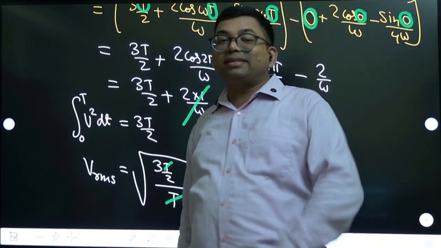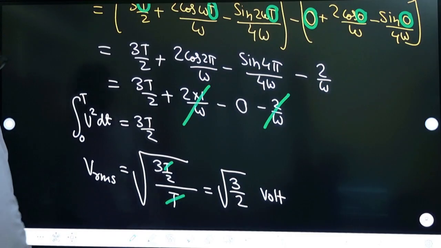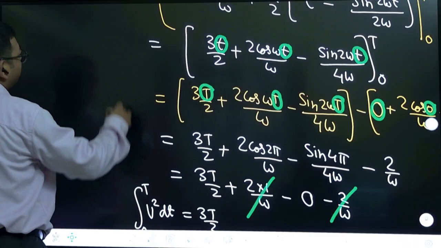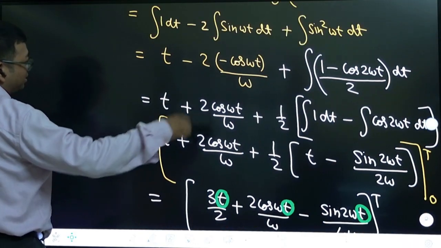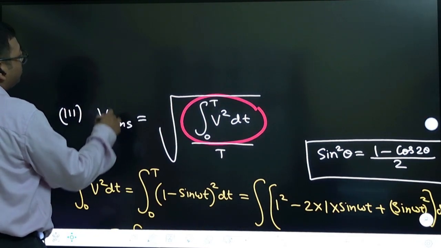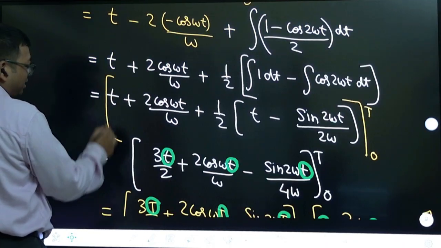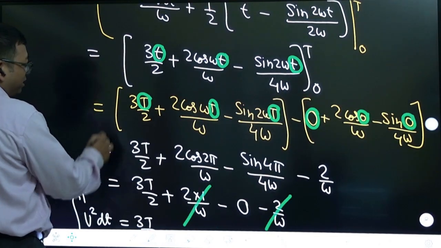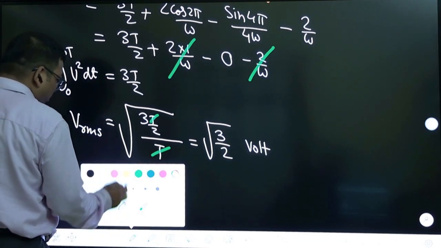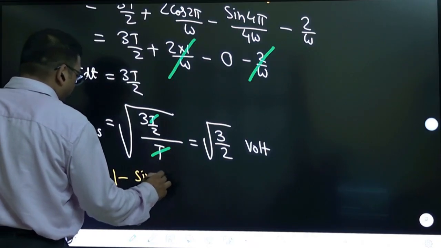That shortcut we can derive also. So this question which you have seen here, there is a shortcut which can be derived, exactly in the same way. If we have to calculate the RMS value, I will give you the shortcut by which we can derive it. So remember this voltage was 1 minus sine omega t, correct?